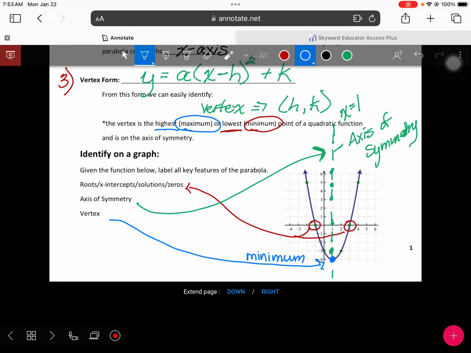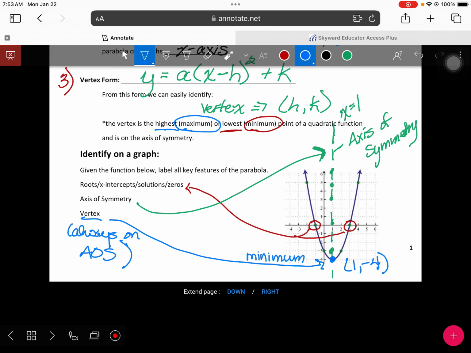And what are the coordinates of that vertex? 1 and -4. Okay? And the vertex is always on your axis of symmetry. The vertex is always on your axis of symmetry.